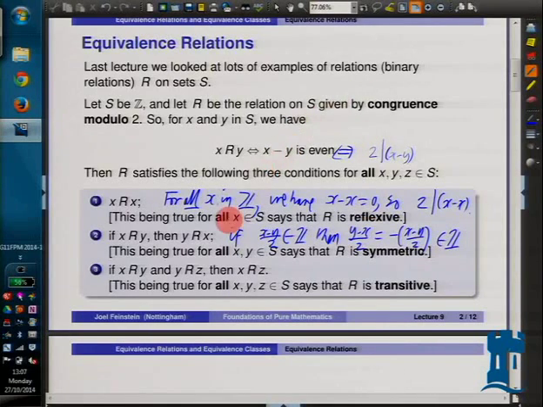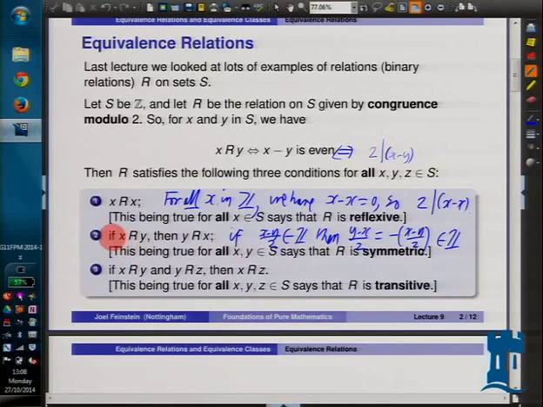So whatever pair x and y you take of integers, if x minus y is divisible by 2, then y minus x is going to be divisible by 2 as well. So you've got symmetry. And the fact that this works for all integers x and y, of course, is an if statement being true for all x and y.